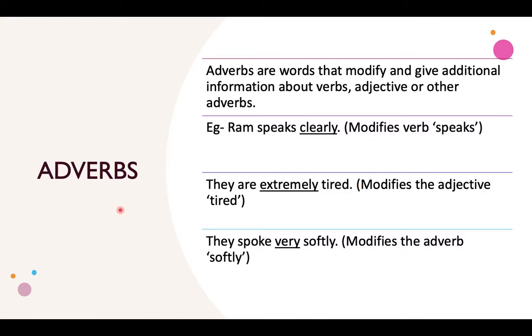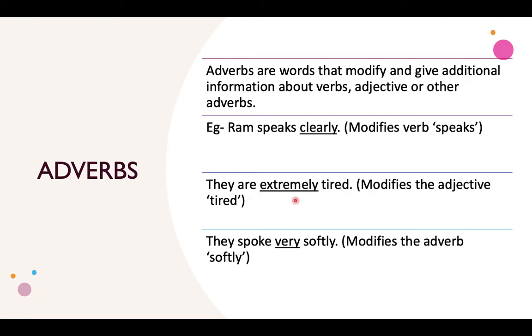Now before that we should know the definition. What do you mean by adverbs? Adverbs are words that modify and give additional information about verbs, adjectives or other adverbs. For example, Ram speaks clearly. It modifies the verb speaks.